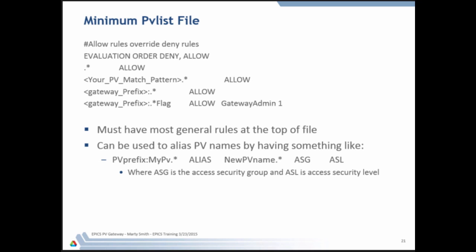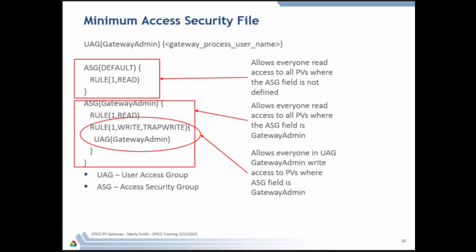These flag PVs on the gateway are ones that you actually can write to. They allow you to do the report generations, to kill the gateway, stuff like that. So you've got to have this gateway admin, and the access security level here has to match what's on this screen here.